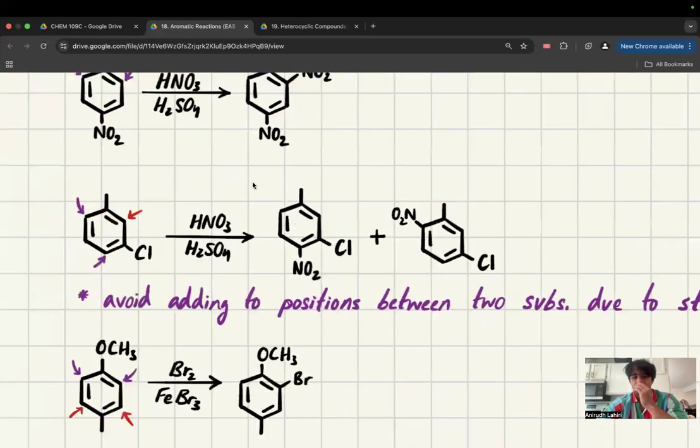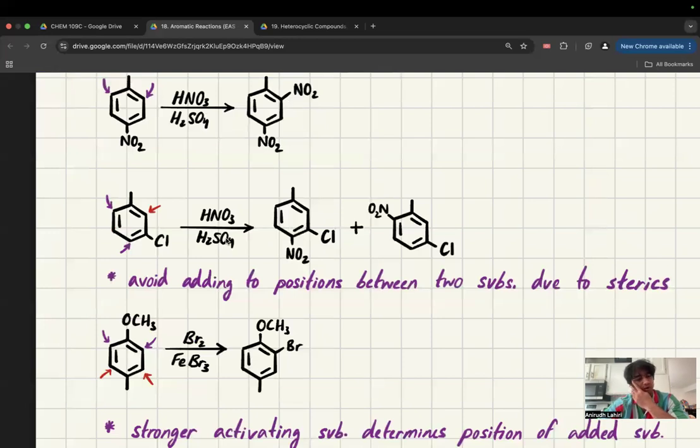For this one, you have a little bit more decision making to do, right? Because this position is ortho to this and this. And we know that this methyl group directs either ortho or para, right? So here, here, or here. We know this Cl is ortho or para, right? So here, here, or here. So now we need to choose what position to add.